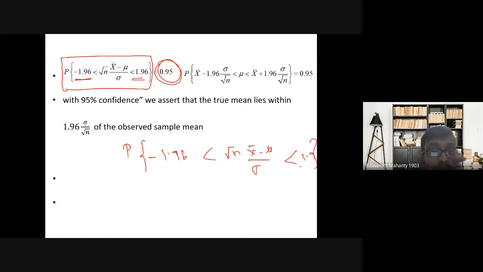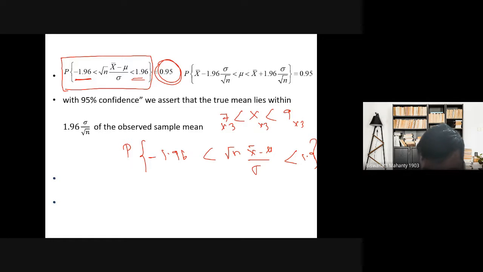Any expression. For example, if I say 7 less than x less than 9, can I do some small treatment with this one? Can I multiply something with this? For example, 7 multiplied by 3, x multiplied by 3, 9 multiplied by 3. Do you think the relationship will change?